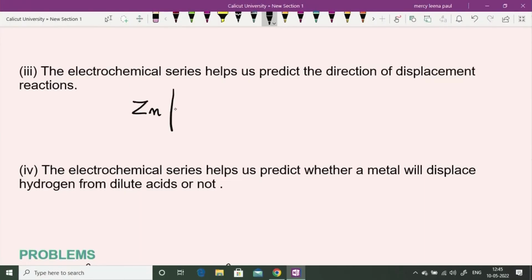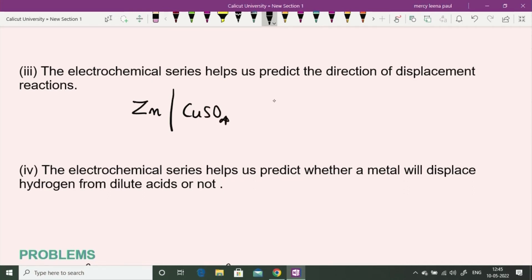Third one is the electrochemical series helps us predict the direction of displacement reaction. If you remember, we started with a displacement reaction in which we put zinc in copper sulphate solution.